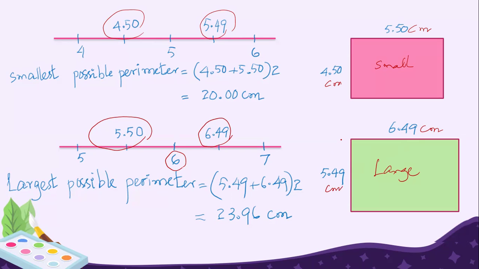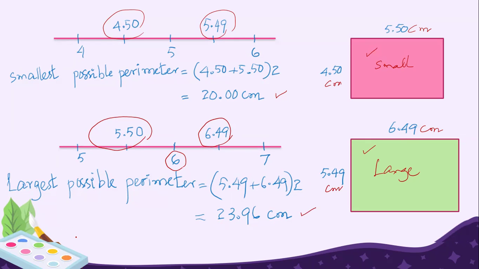So perimeter is the sum of four sides. We can add the two sides first and then multiply by 2. Smallest possible perimeter is 20.00 centimeters from this rectangle. And the largest possible perimeter is from this rectangle, 23.96 centimeters.